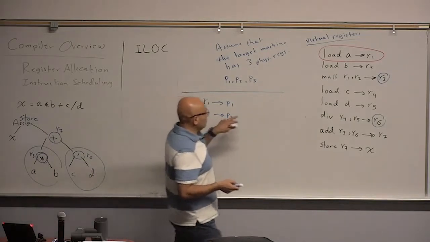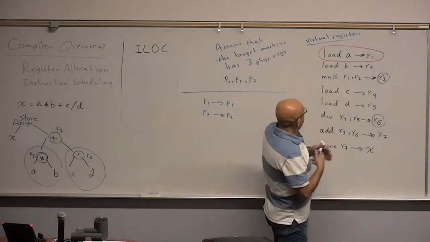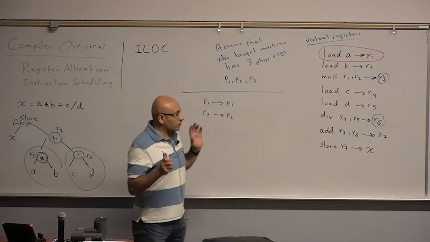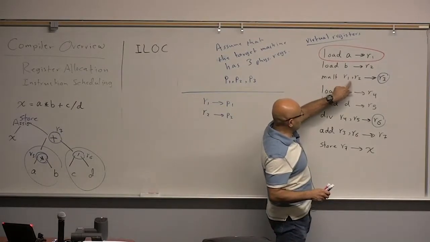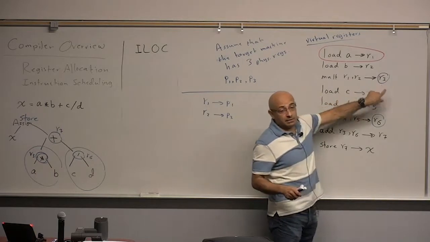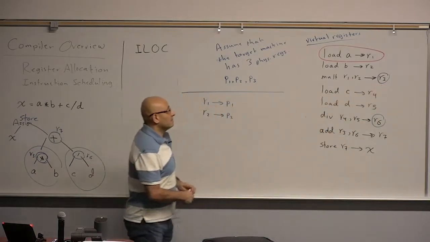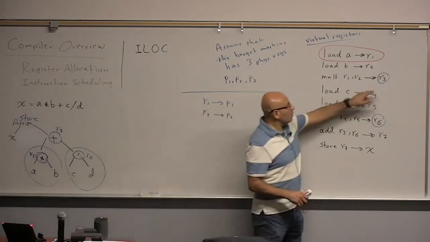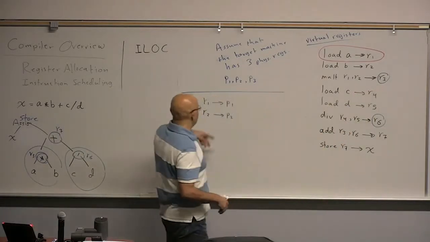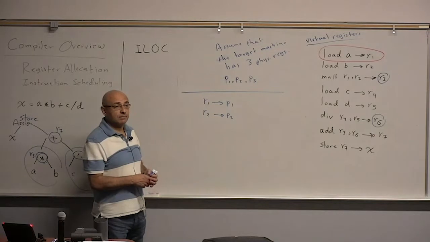Now, here, obviously we need two physical registers. Now this multiply is multiplying R1 and R2 and putting the result in R3. The question is, for R3, do we need a new register, or can we just reuse P1 or P2?